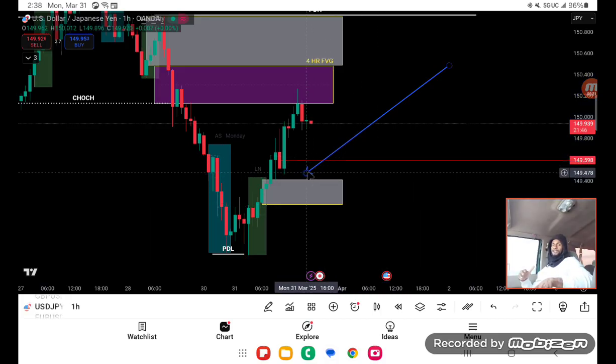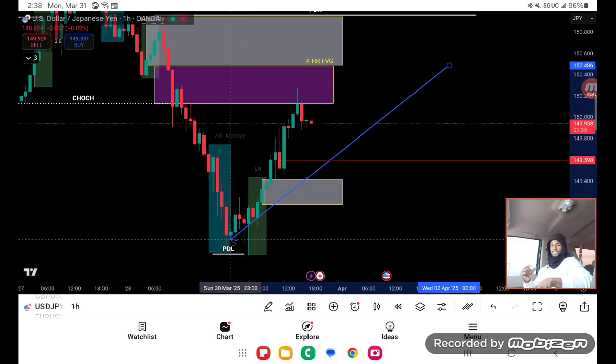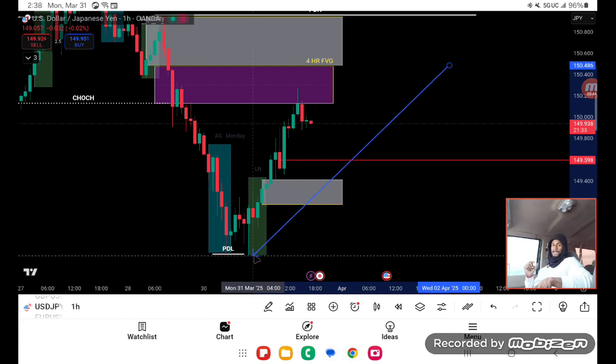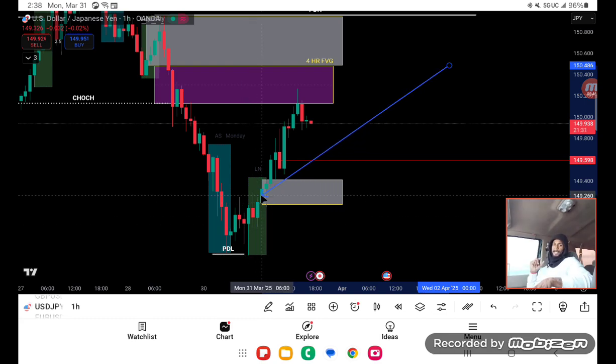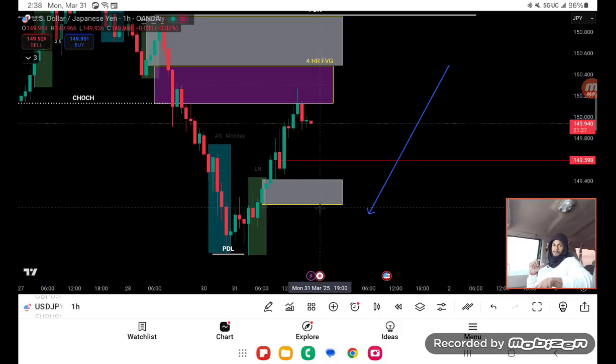So obviously, as you can see, during London session, price liquidated, came barely below previous day's low, which is also Asian session's low, took that liquidity, and displaced higher.